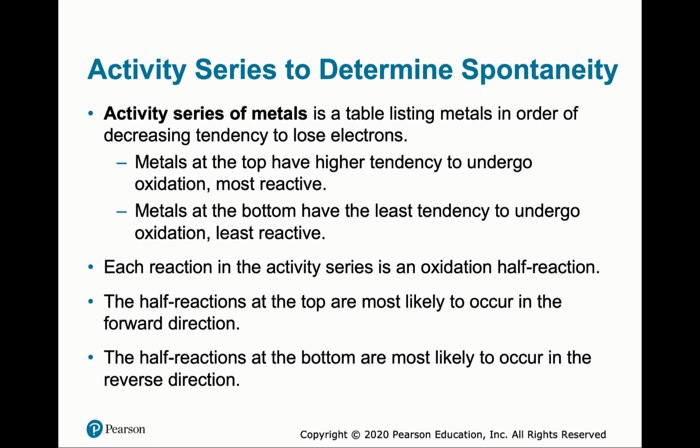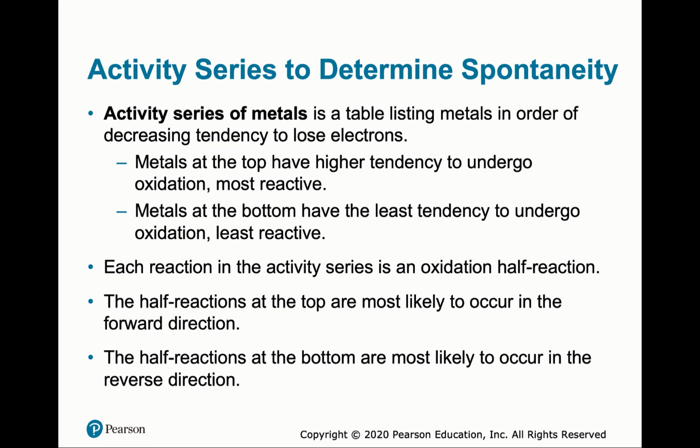The activity series of metals is empirical, so experimental. We've gone through this. Generally, the metals that tend to undergo oxidation are the most reactive, and the metals that are least likely to undergo oxidation tend to be the least reactive. And vice versa, if you have a metal that tends to undergo oxidation, that metal's ion solution is very unreactive.